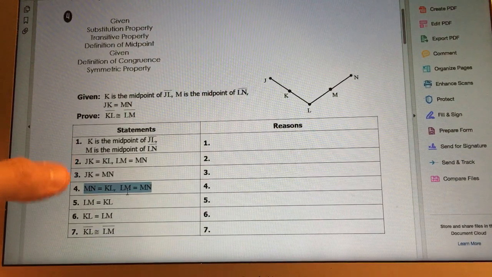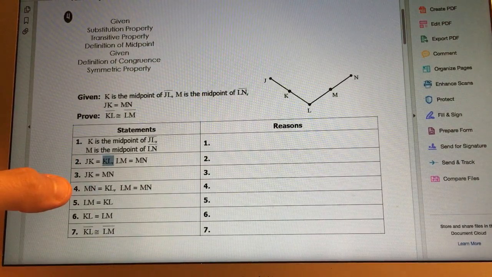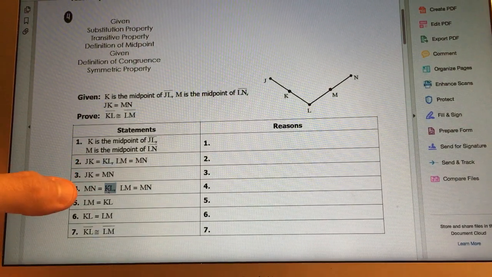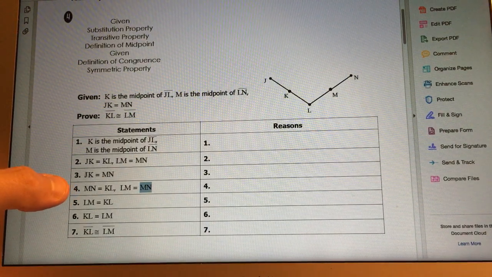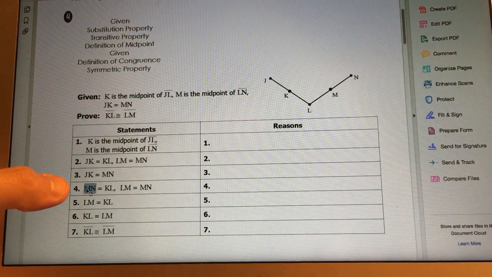If you look at number 2 and number 4, what's changed? KL, you still have KL right there. LM, you still have LM. MN, you still have MN. So those haven't changed at all from 2 to 4. But JK turned into MN.